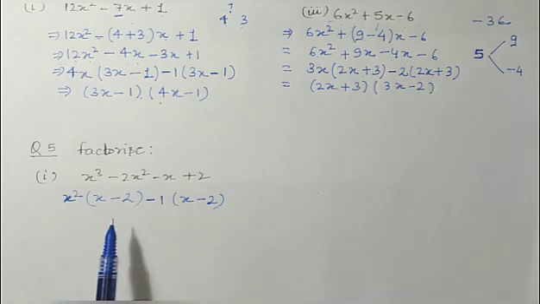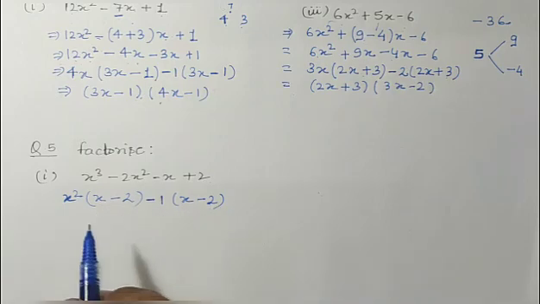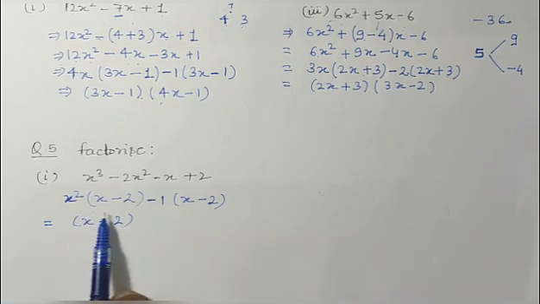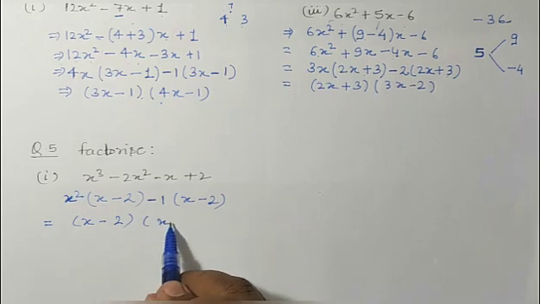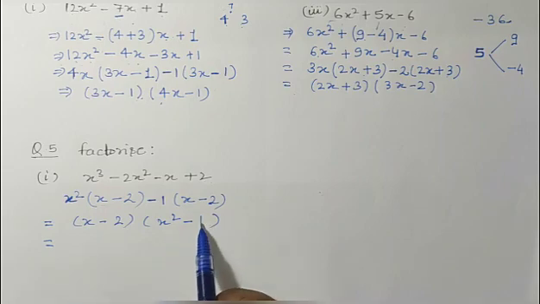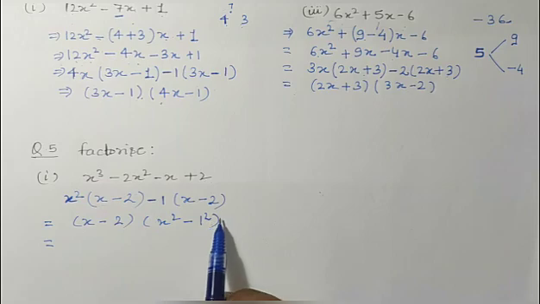Now see, these bracketed terms are the same, so you can take the bracket common from the whole. So what is left? x square minus 1. Now students, here you can write this 1 as 1 square. What will be the benefit of this?